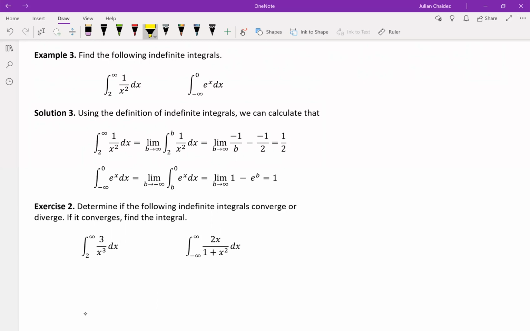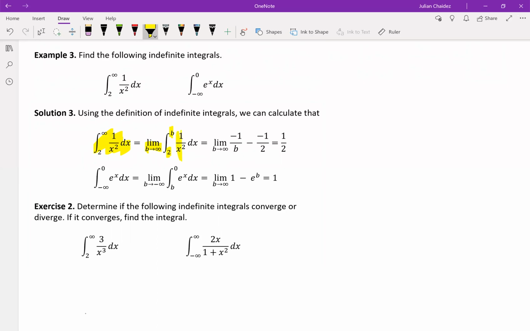For the first one, I'm just going to use the definition of improper integral that I just gave you. The integral from 2 to infinity of 1 over x squared is just the limit as b goes to infinity of the integral from 2 to b of 1 over x squared, right?